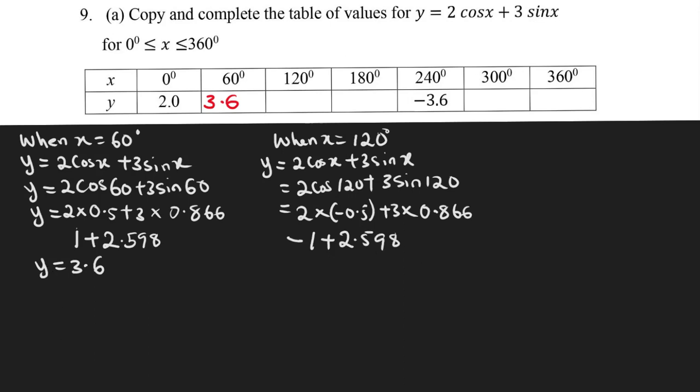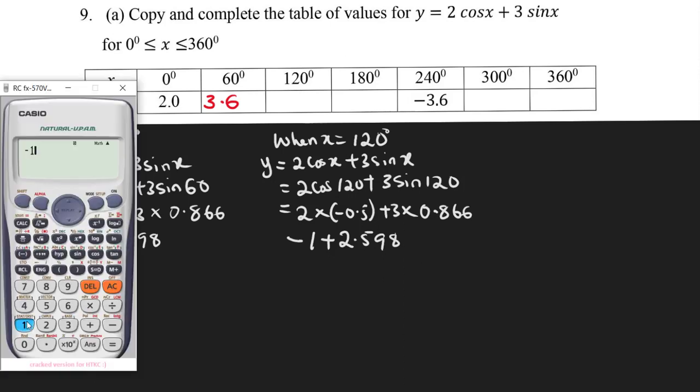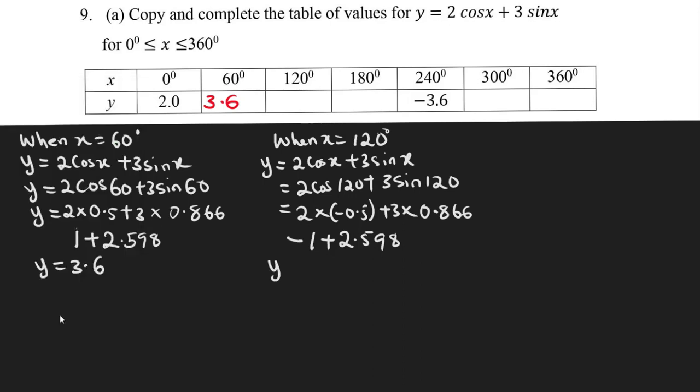So minus 1 plus 2.598 gives us 1.6. So y is going to be 1.6. Right? So let's go for when x is equal to 180 degrees.